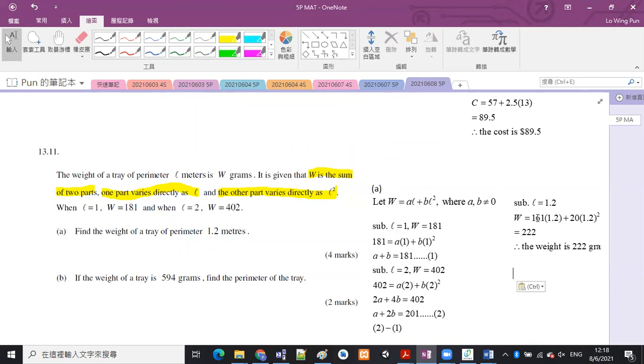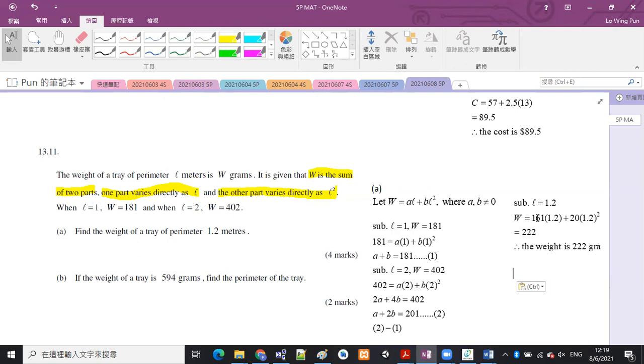In fact, I think you can do part B also this time. You see, if the weight of the tray is 594 grams, find the perimeter of the tray. 594 grams is the weight. Weight is represented by W in this question. So the question gives you W equals 594 and asks you to find the perimeter.